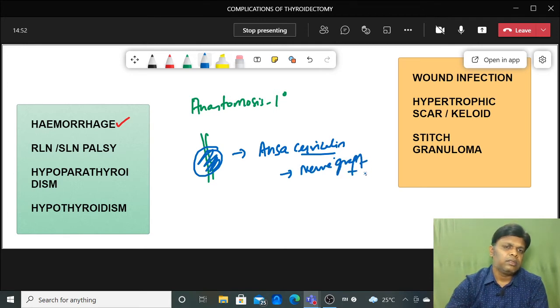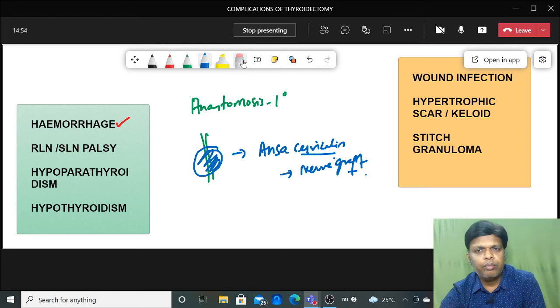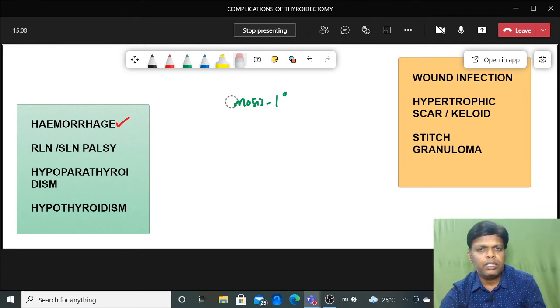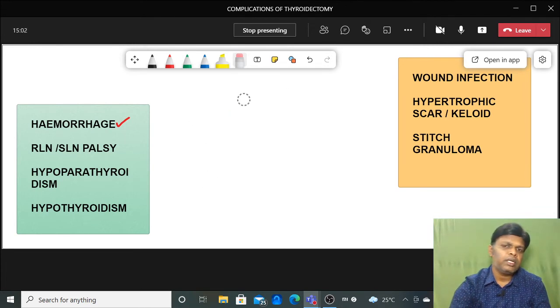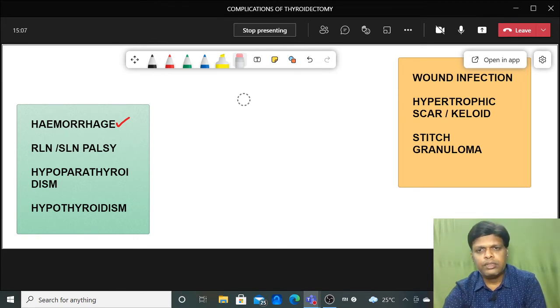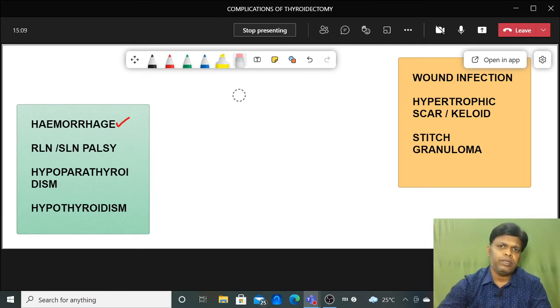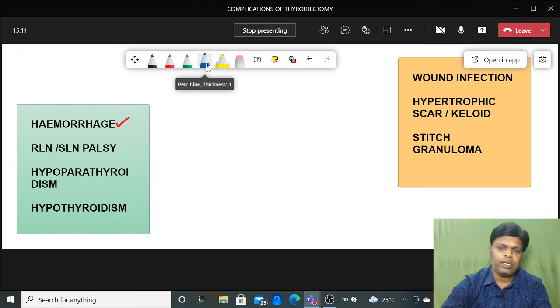The next complication is hypoparathyroidism. There are commonly four parathyroid glands, two superior and two inferior. There are two causes why you get hypoparathyroidism in thyroidectomy.